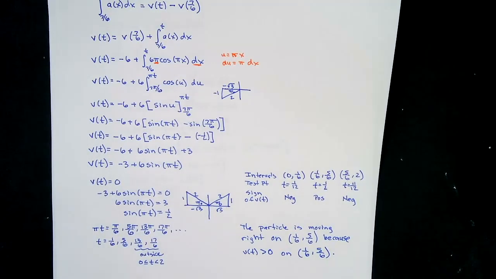It's where the velocity is positive. Okay, it's where the graph of the velocity is above the horizontal axis.